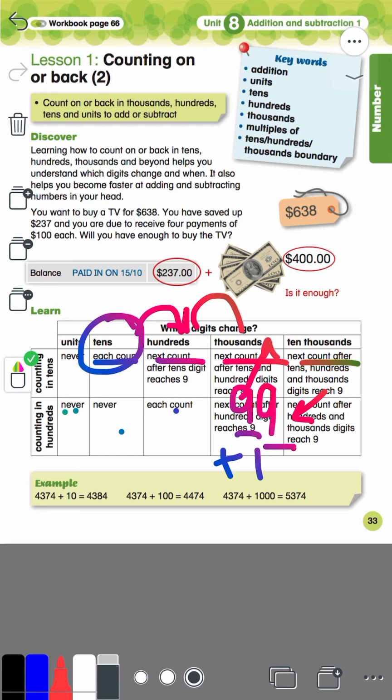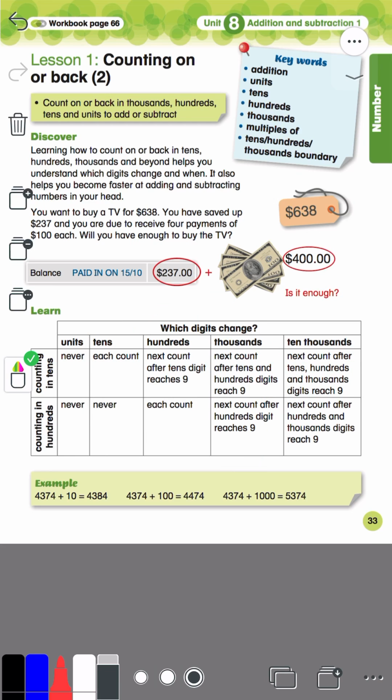So the thousands change. And so on. So today's lesson is showing you how we add tens, hundreds, thousands, and 10,000s to make numbers go on and on in a sequence.